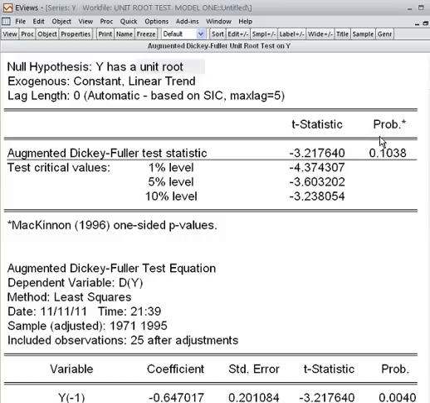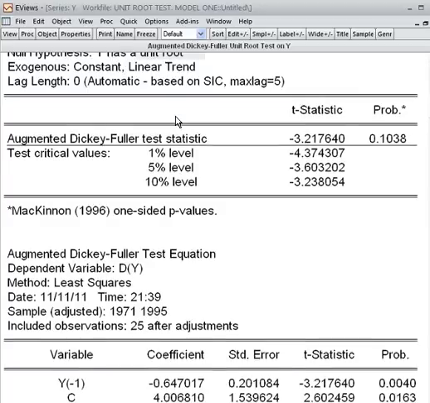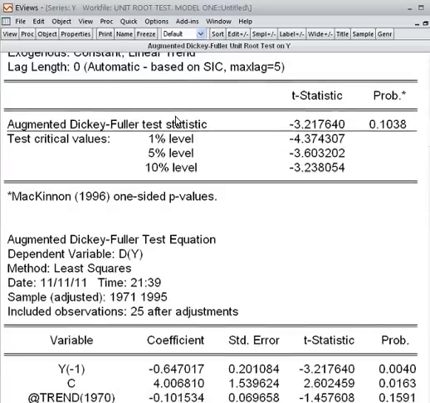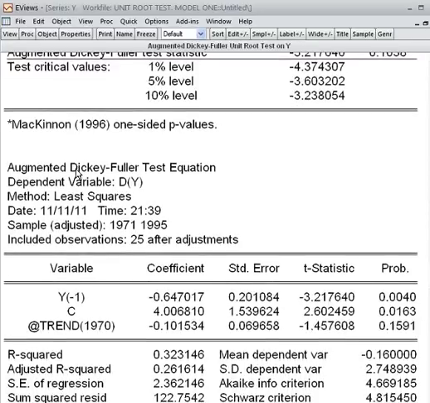So the probability approach and the t-statistic approach are telling the same decision that y has a unit root. And we come here, it is the augmented Dickey-Fuller equation, right?